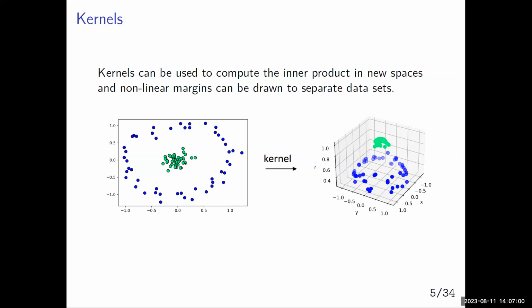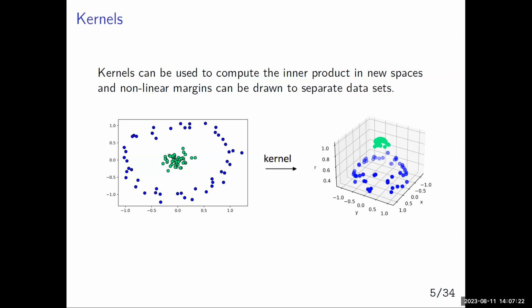So what we do is take our data, so for example, the one on the left, and we map it into a new space where we can draw a line between them. So basically what we would do is map it to a new space where there's a more clear separation between the green and the blue data sets.